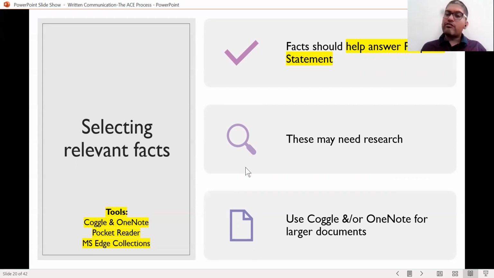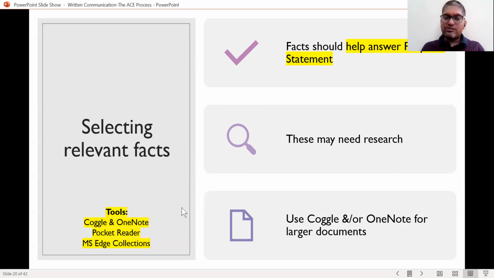You may find that, okay, I've done a lot of research, but some assumptions need to be made, and for that extra information or extra research is required. And you can use mind mapping tools very effectively here, as well as note taking applications like OneNote or Roam Research or Notion.